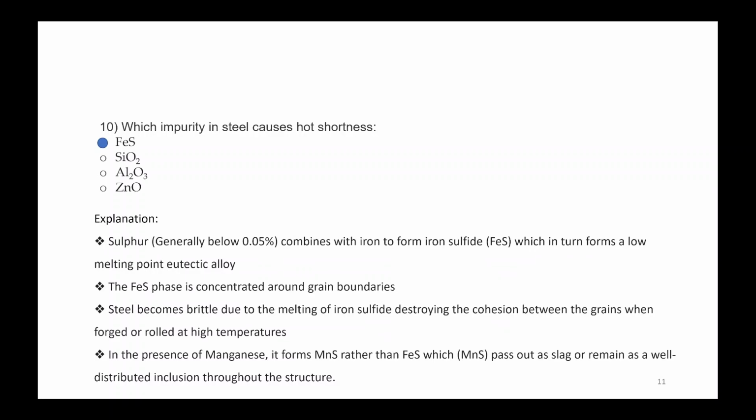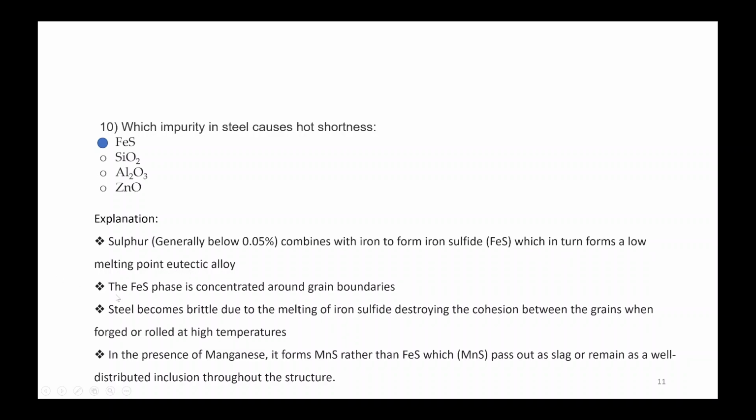Sulfur, which is generally in an amount of 0.05% in steels, combines with iron, forming iron sulfide. It in turn forms a low melting point eutectic alloy.